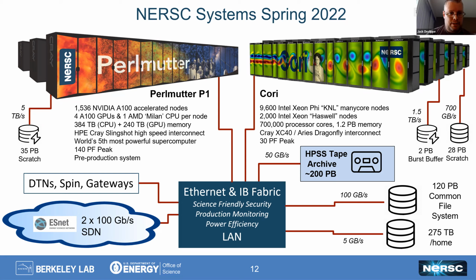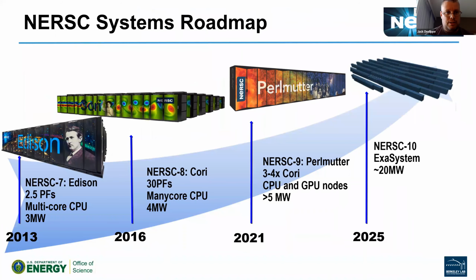Let's keep moving. Just to put this in perspective, Perlmutter is a pre-exascale system. We think that you can learn about your application performance, and a number of people I know are very interested in targeting performance portability, and Perlmutter provides a system for you to do those sorts of studies.